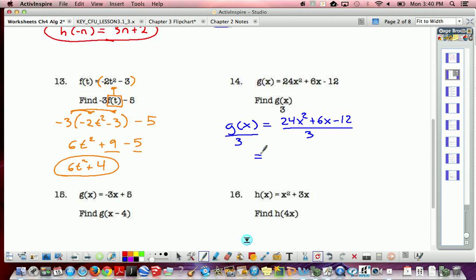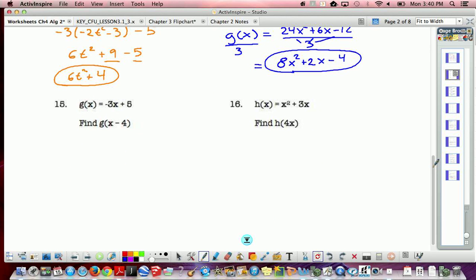This one can be simplified since 3 can go into every single one of those terms. If 3 doesn't go into it, you'd be done. But since 3 goes into 24, I can simplify that as 8x squared. 3 goes into 6 2 times, so I have 2x left. And 3 goes into minus 12 minus 4 times. And I have my solution.